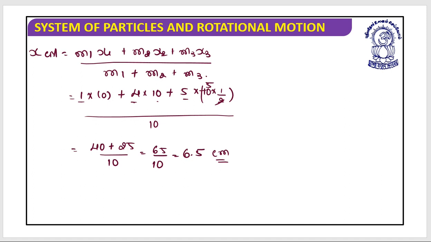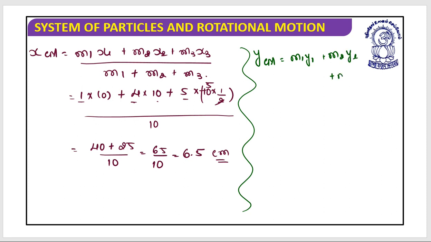In the same way, let's make it for ycm, which is m1y1 plus m2y2 plus m3y3 divided by m1 plus m2 plus m3.